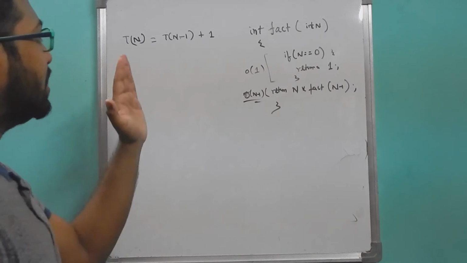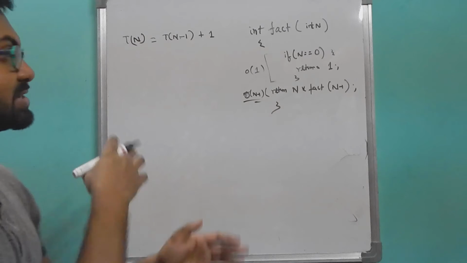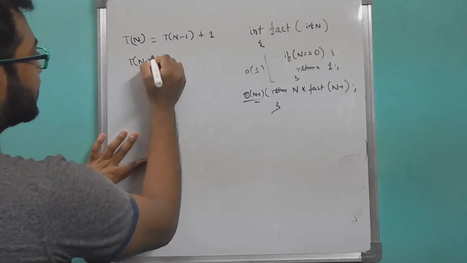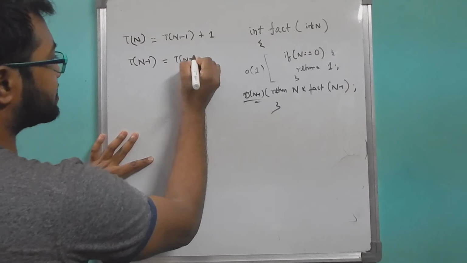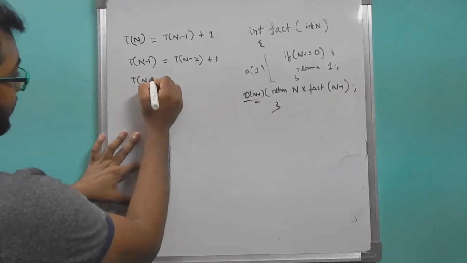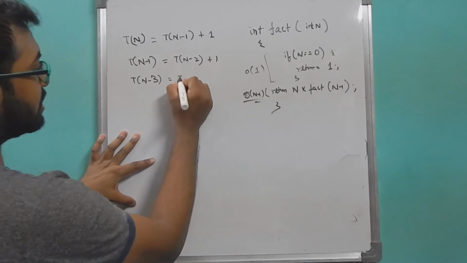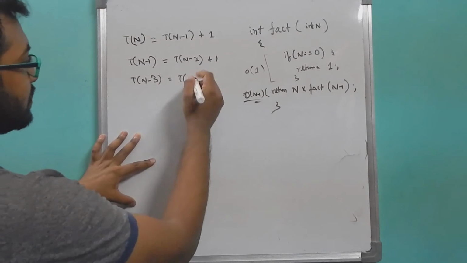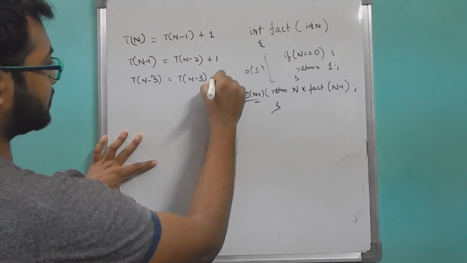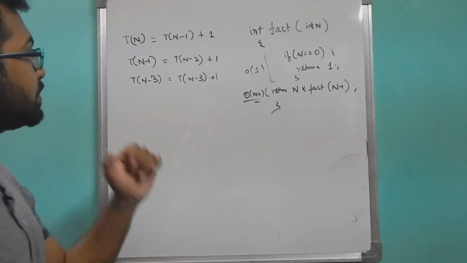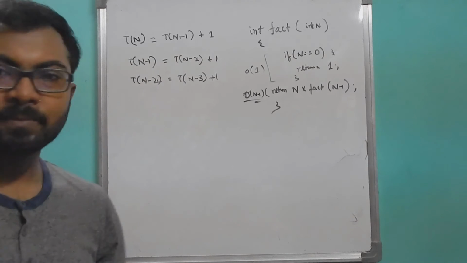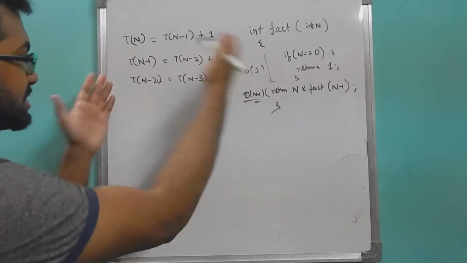Now let's see how much T of n minus 1 is going to call, because it's a recursion. T of n minus 1 is going to be T of n minus 2 plus 1. Similarly, T of n minus 2 is going to be T of n minus 3 plus 1. So now let's write it down.